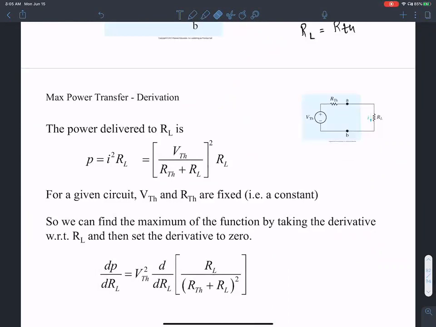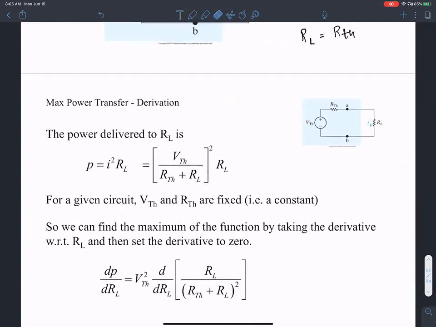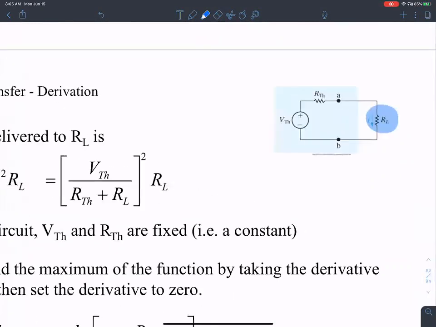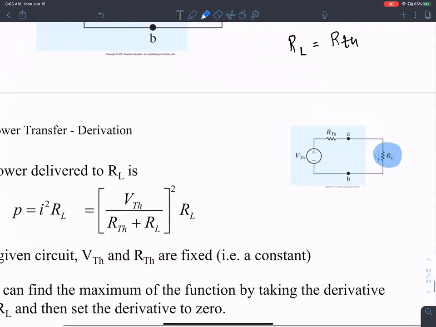The idea is really simple. We look at the total power delivered to RL. The total power delivered to RL is I squared times RL. That's I. Okay.